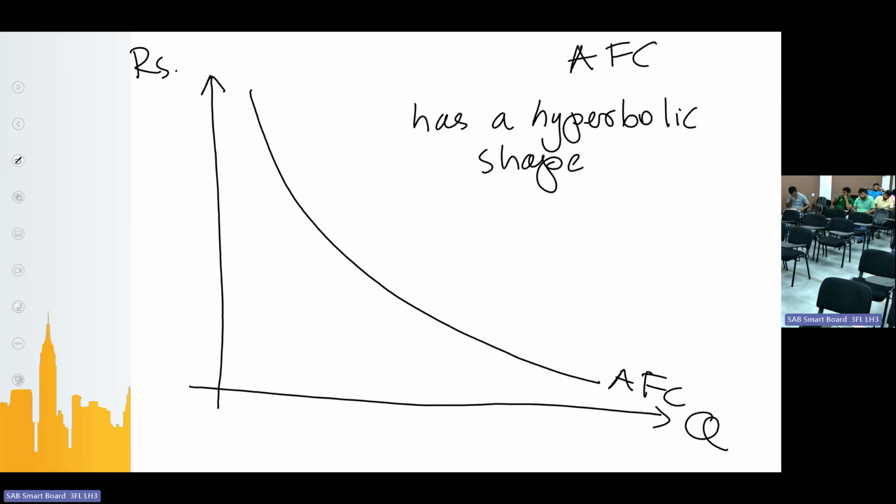It never touches the quantity axis. Why is that? Average fixed cost is total fixed cost divided by output. Total fixed cost is always positive.